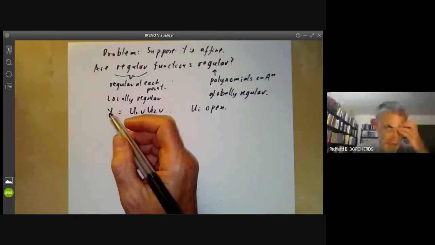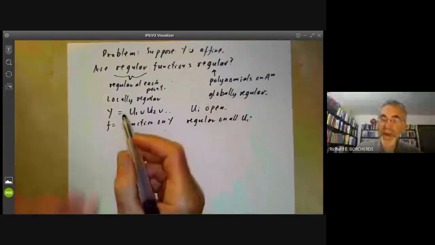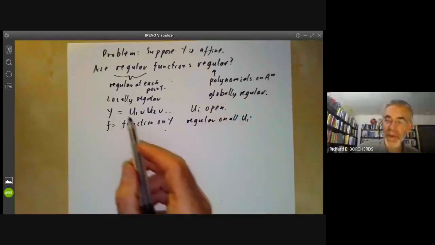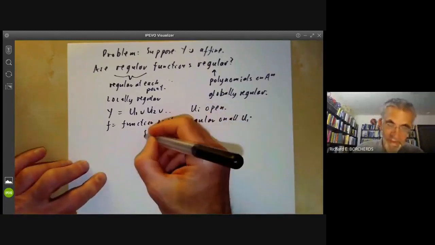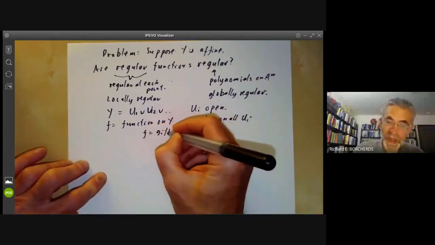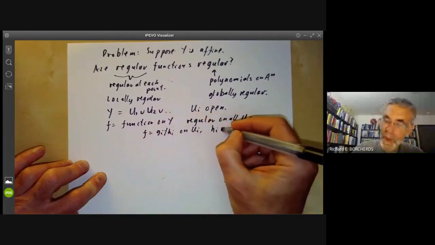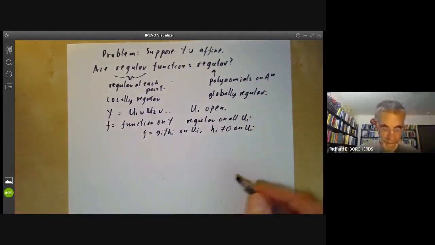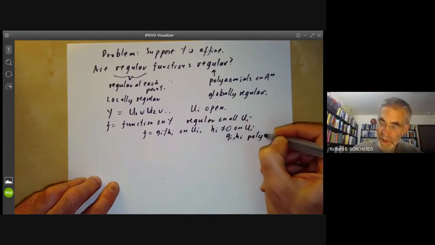On Y, as usual with values in k, and suppose f is regular on all the Ui's. So if f is regular at every point, then we can cover Y by open subsets such that f is regular on each open subset. Well, this means f is equal to gi over hi on Ui, where hi is not 0 on Ui, where the gi and the hi are, of course, just both polynomials.